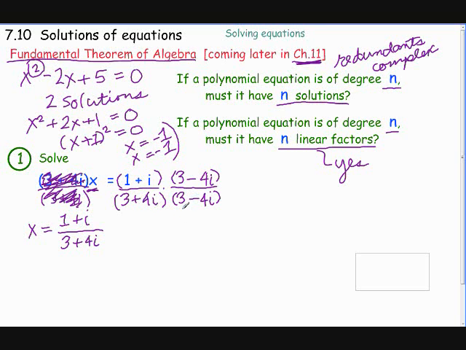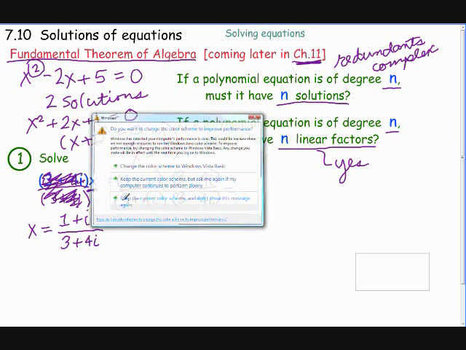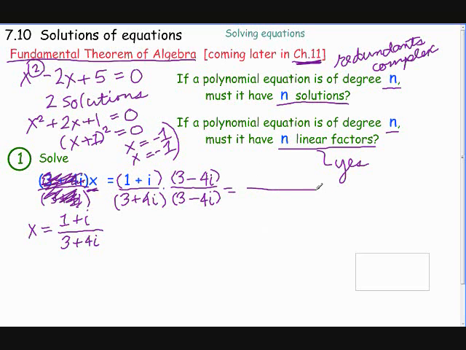It is exactly the fact that they have different signs that causes the inside and the outside to cancel each other out. So all we have to worry about is the first and the last. So that'll be 9 minus 16i squared. Boy, haven't we seen this one before?